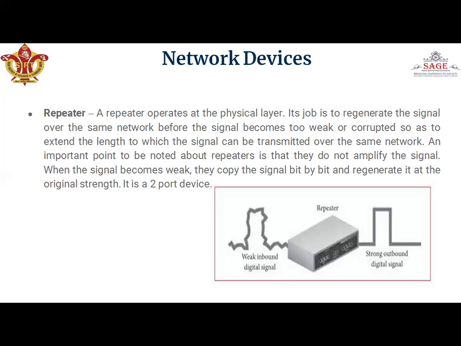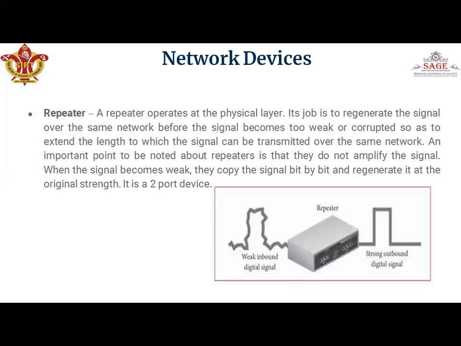What is the input of a repeater? A weak digital signal. Why does it become weak? Because when we want to transfer our data in the form of a signal, it travels a very long path. So during traveling, the signal becomes weaker and weaker. We do not want our signal or our message to reach the destination in a corrupted form.